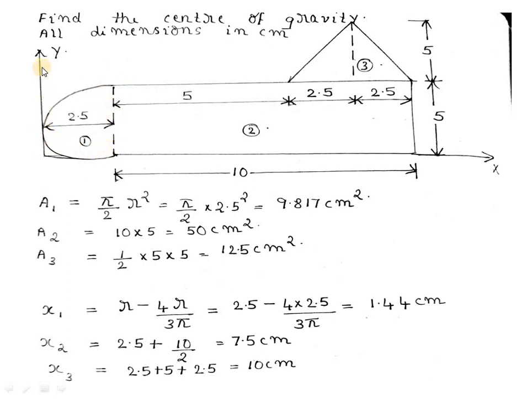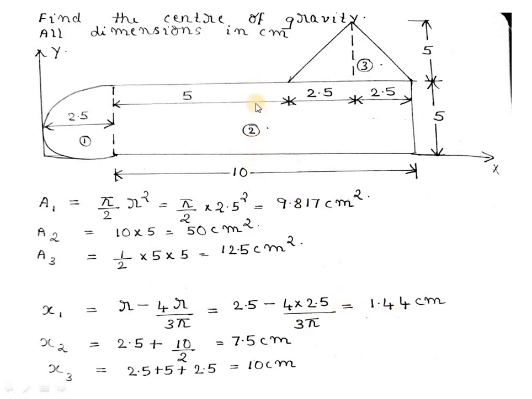But here we have to find the distance from this y-axis. So from the y-axis, the centroid will be located at a distance of r minus 4r by 3 pi. Clear? That is 2.5 minus 4 into 2.5 divided by 3 pi. We will obtain the value as 1.44 centimeters.